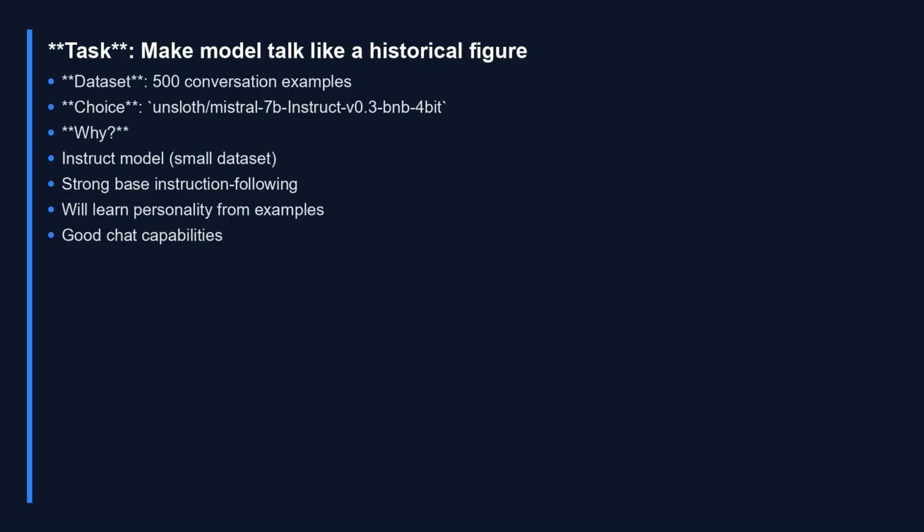The model will learn the personality, the speech patterns, the characteristic phrases from your training data, while retaining its underlying conversational ability. This is one of the most satisfying fine-tuning use cases, and an Instruct model with a few hundred examples is genuinely all you need to pull it off.